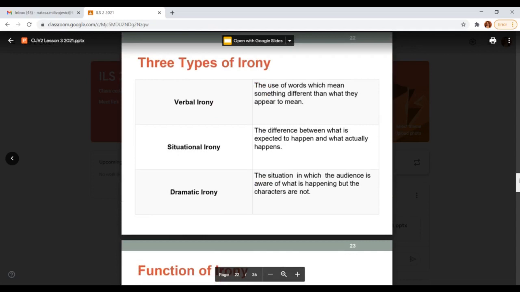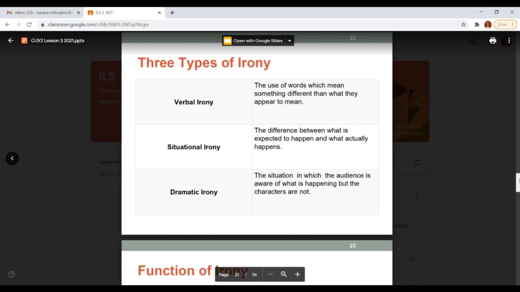Now, what is more important for us are these types of irony, which we are going to be frequently encountering in the works of literature that we read. And we also dealt with irony, listing examples, last week when we were reading The House of Asterion.